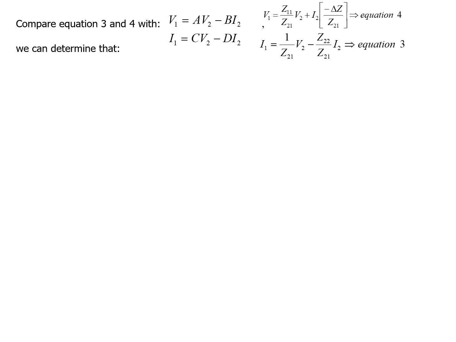So when we compare these two equations, we get A equals Z11 over Z21, B equals determinant of Z over Z21, C equals 1 over Z21, and D equals Z22 over Z21.